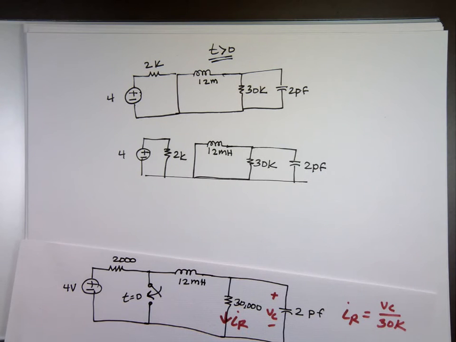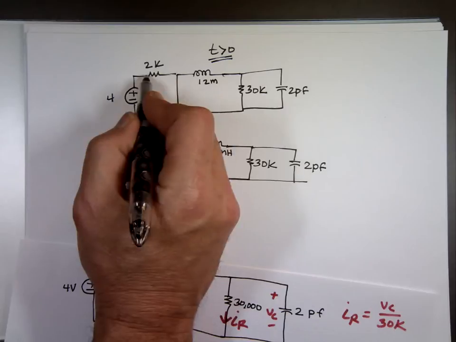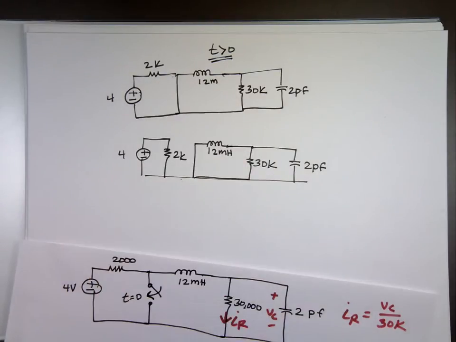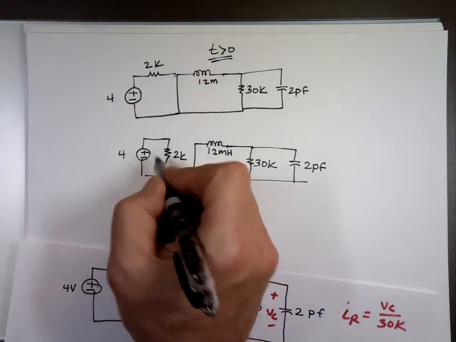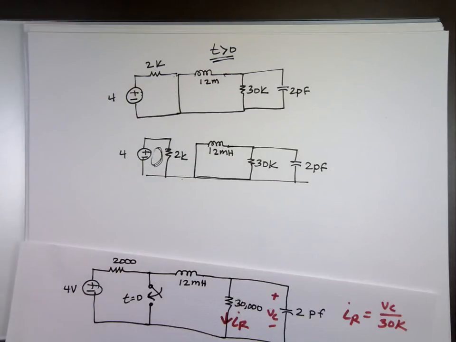That's the same thing. Because if this is my ground, this end is also ground. This 2K is attached to the ground, so is this end. So I draw them a little bit differently. Which means this one here is going to have nothing to do with that side of the equation. I don't even have to look at it.